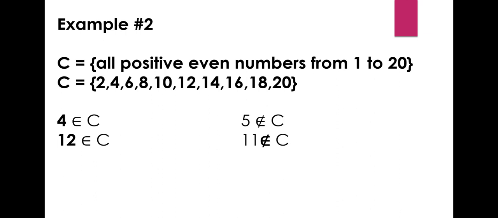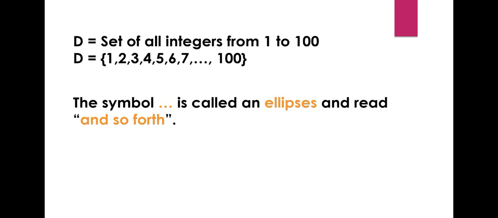So, we can say that 4 is an element of set C, kasi si set C, kabilang doon si 4. And also, we can say that 12 is an element of C, since kasama sa set ng C si 12. But 5 is not an element of C and 11 is also not an element of C since wala namang 5 and 11 sa ating given set.